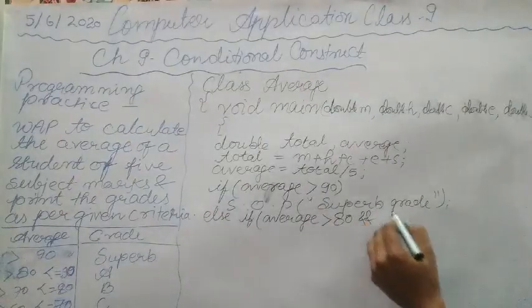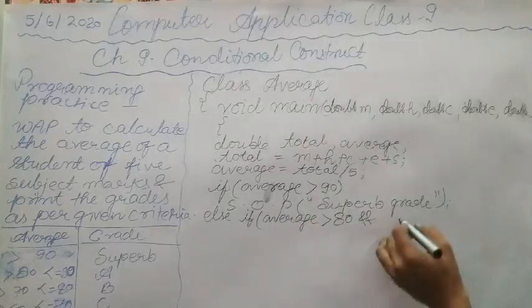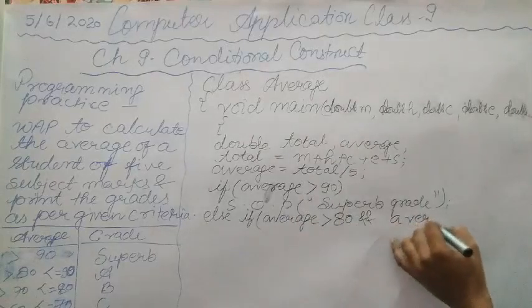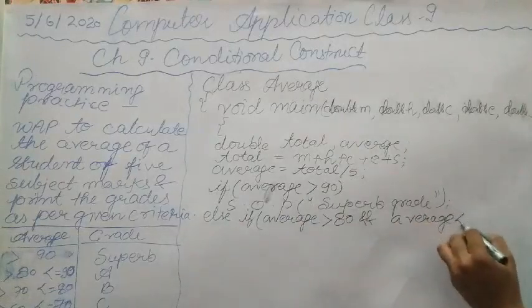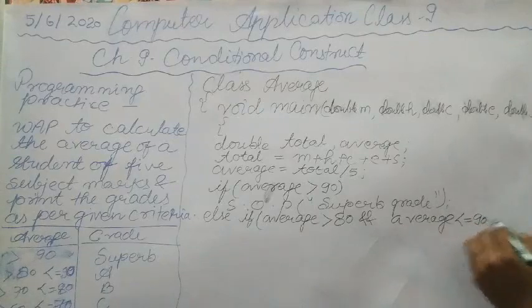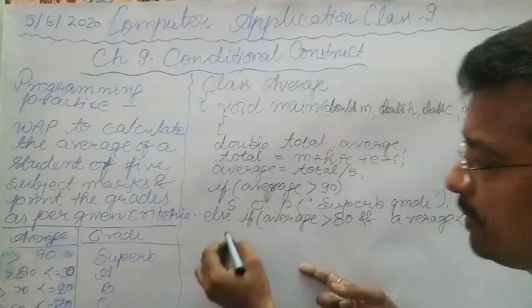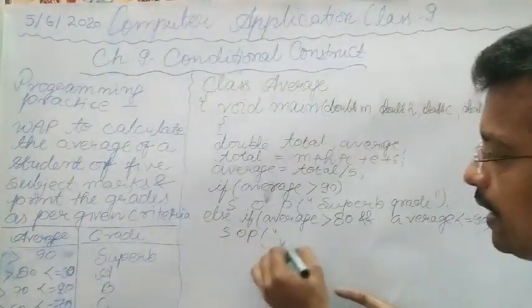Average is greater than 80, one part. Second part, average is less than or equal to 90. So what will be the result? System.out.print A grade.